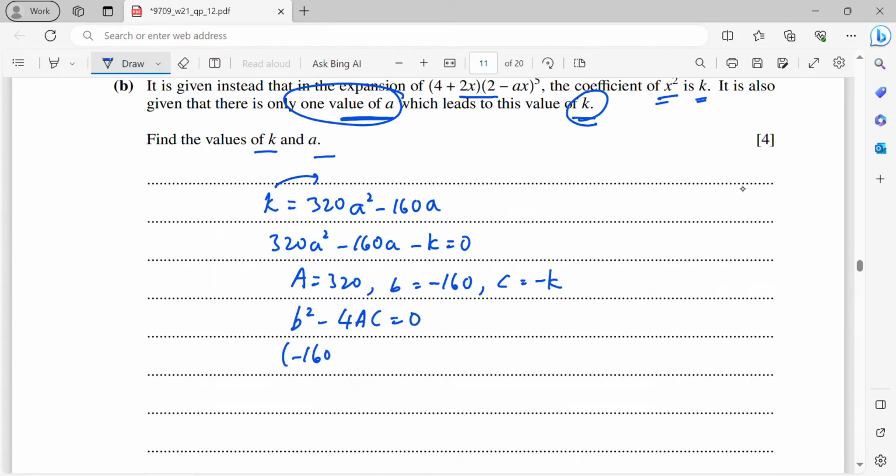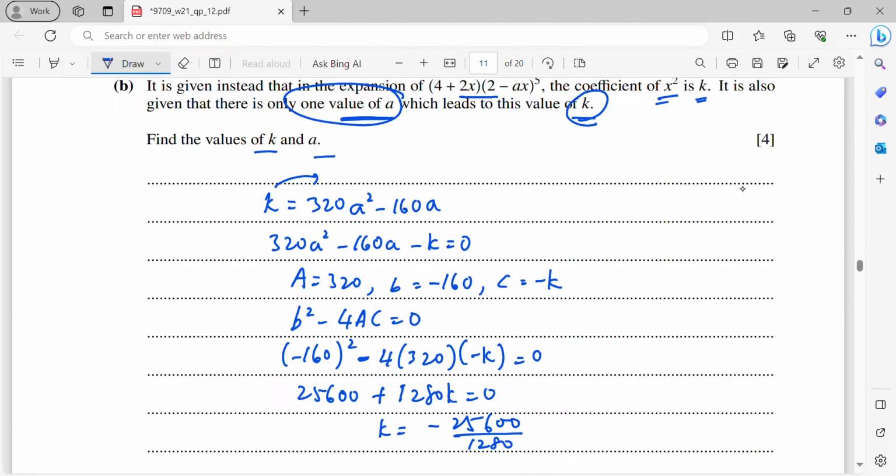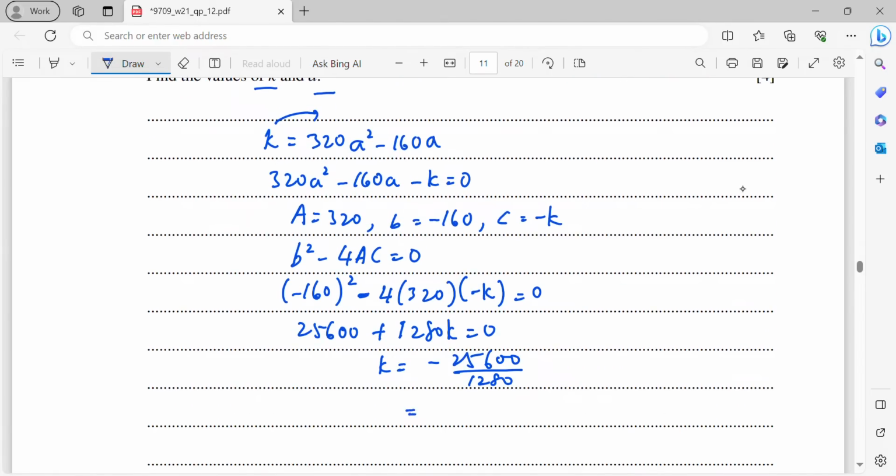Therefore, negative 160 squared minus 4 times 320, which is my A, the C is minus k, equals 0. The square of negative 160 will be 25600. 4 times 320 will be 1280. But because of the minus 4 and the minus k there, you get plus 1280k equals 0. Then from here, your k is going to be negative 25600 divided by 1280. At last, you are getting negative 20. So this is the k value.